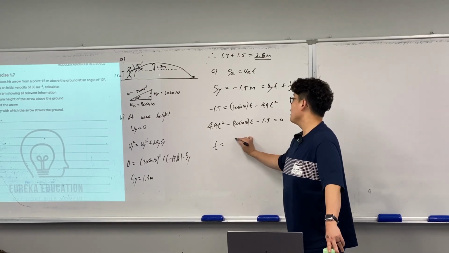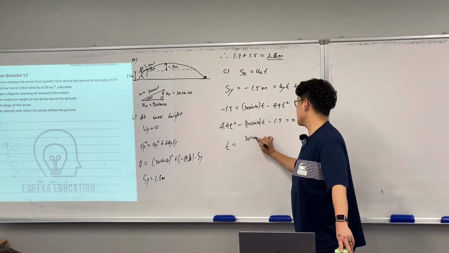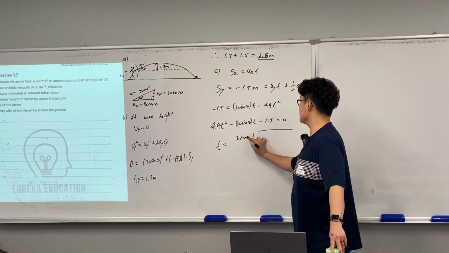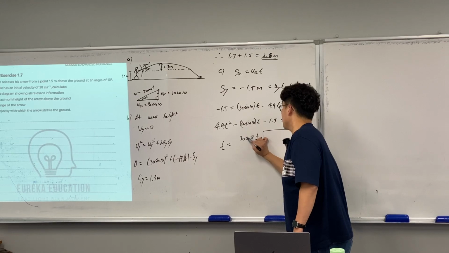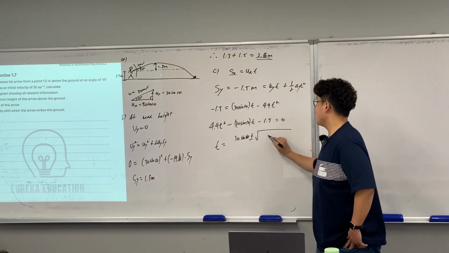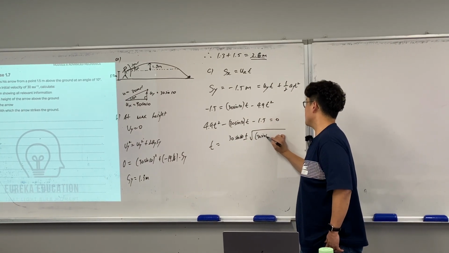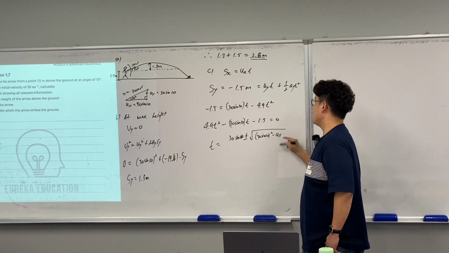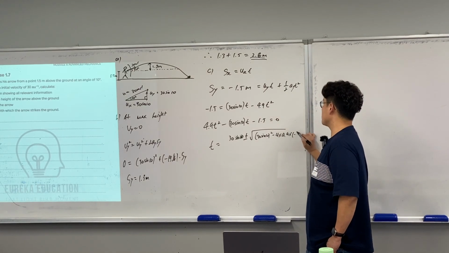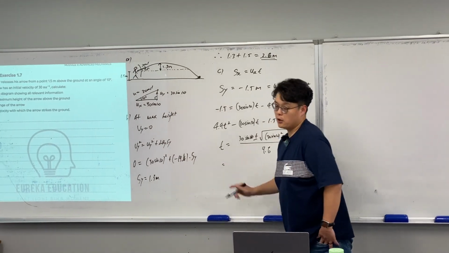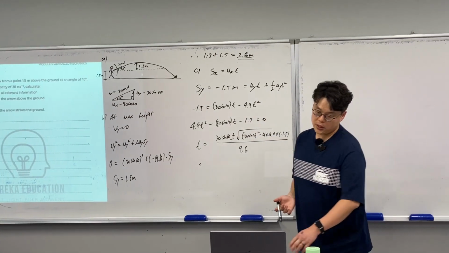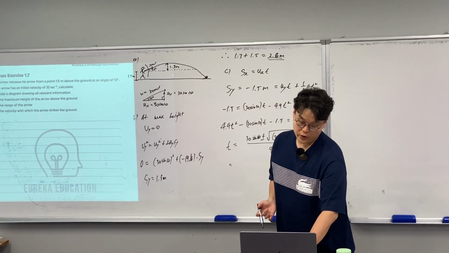Minus b is 30 sin 10, plus or minus the square root of (30 sin 10) squared minus 4 times 4.9 times minus 1.5, divided by 2a, which is 9.8. That's all you need to do, guys.